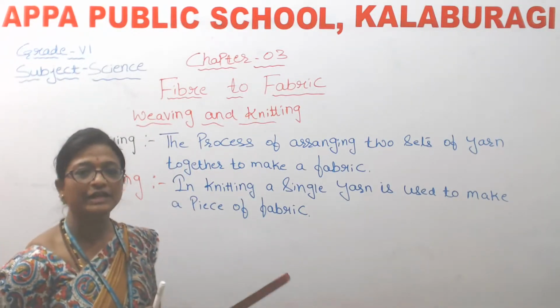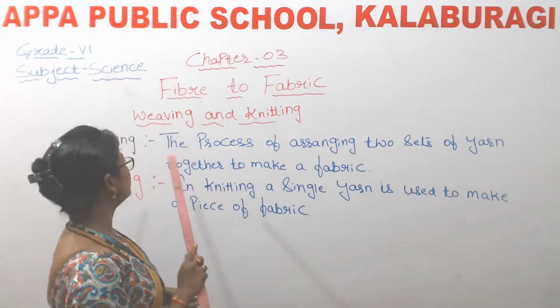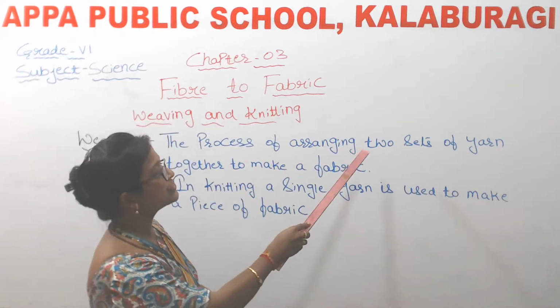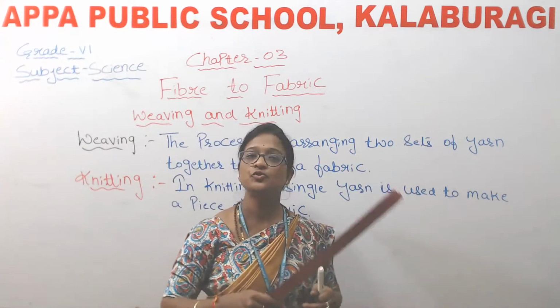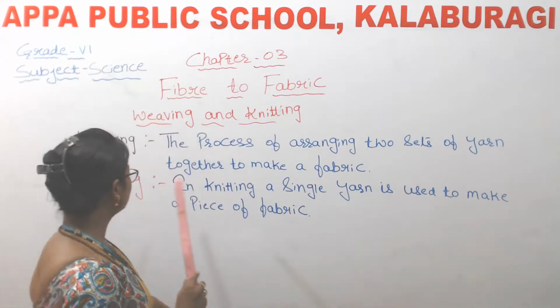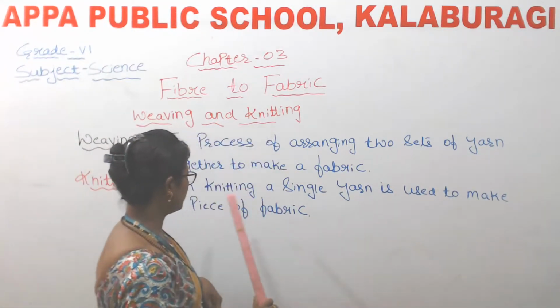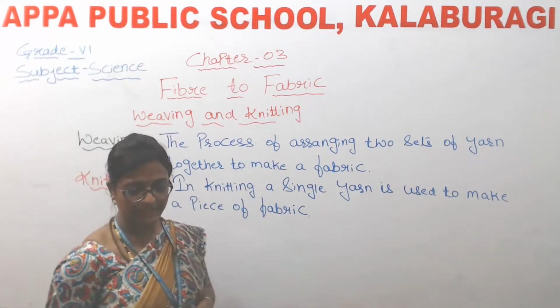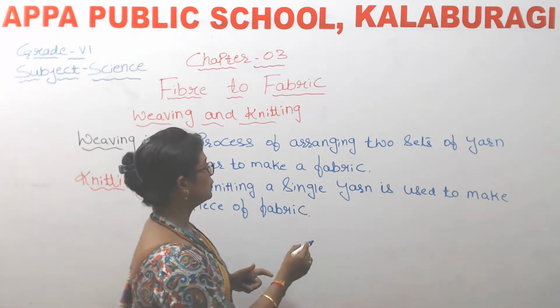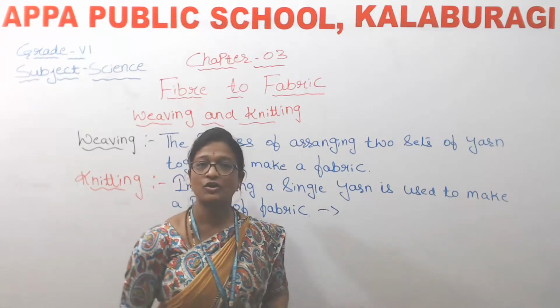In weaving, we use two sets of yarn together to make a piece of fabric, whereas in knitting, a single yarn is used to make a piece of fabric. You might have observed sweaters or socks.